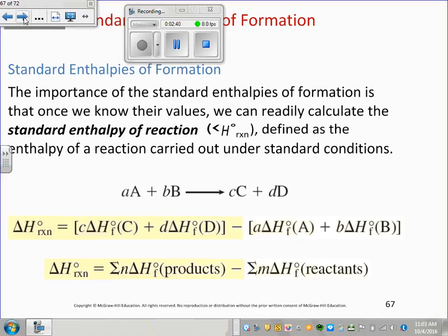Remember the coefficients are the number of moles. So you can take the enthalpy of A, multiply it by the coefficient, add that to the enthalpy of B, multiply it by B's coefficient. That's reactants. Sorry, that's reactants.